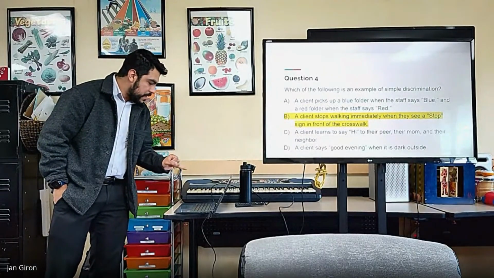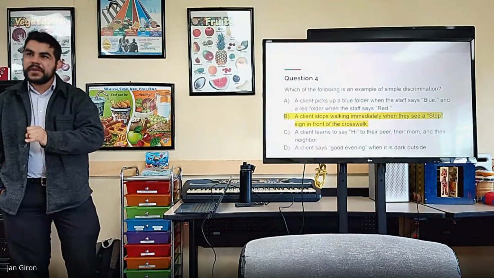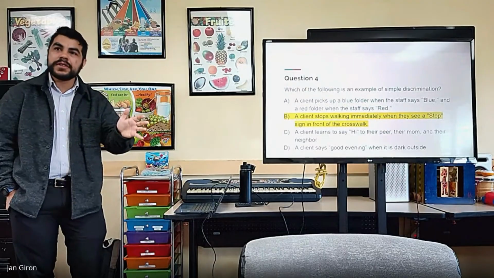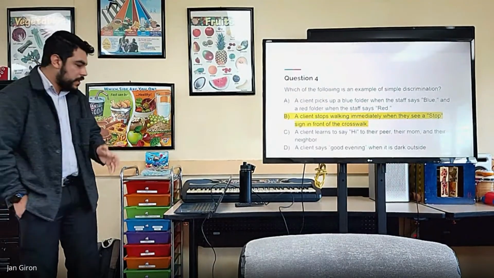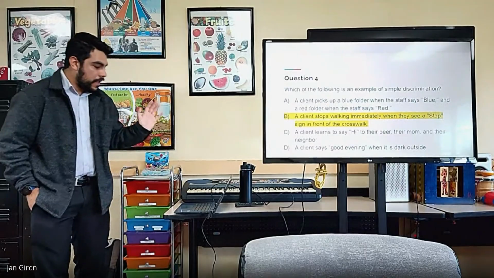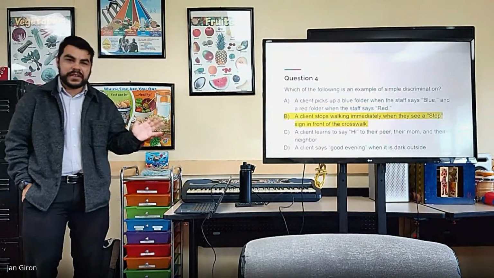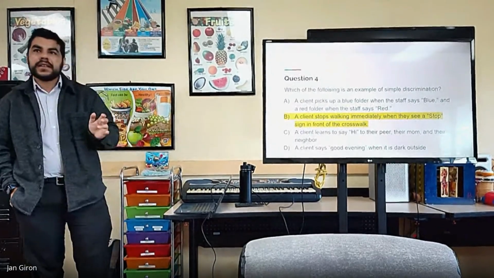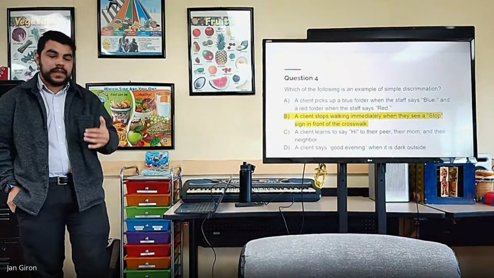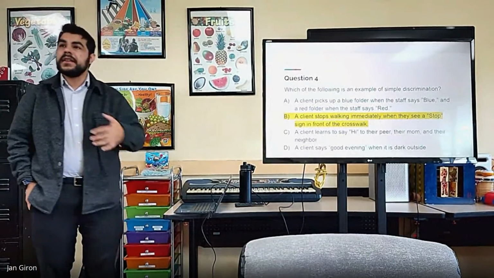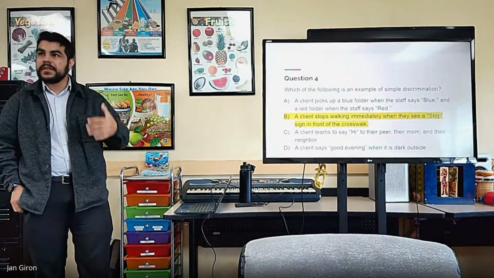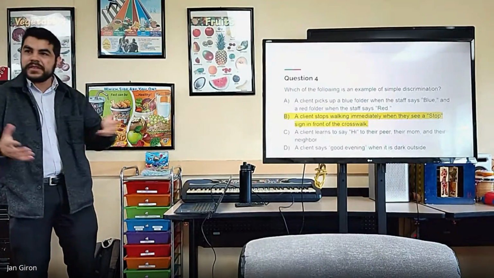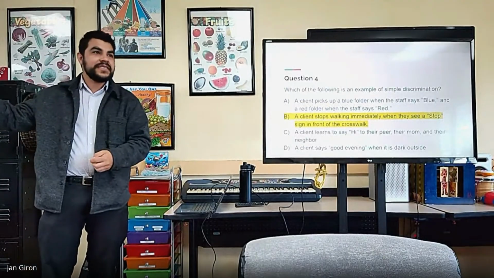And C is more of an example of generalization, where they have to be able to distinguish a peer from their mom to the neighbor. And then D, this is a classic example of simple discrimination. If a client is responding in simple discrimination when it comes to greeting, good evening, for instance, then it has to actually be dark out.